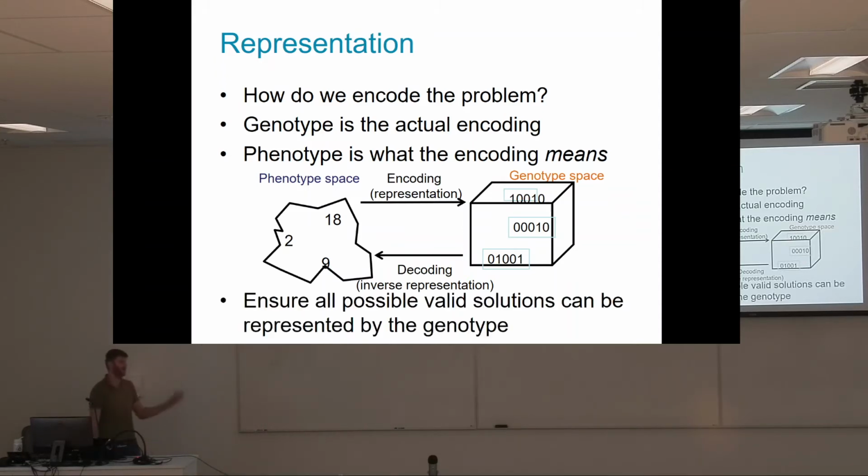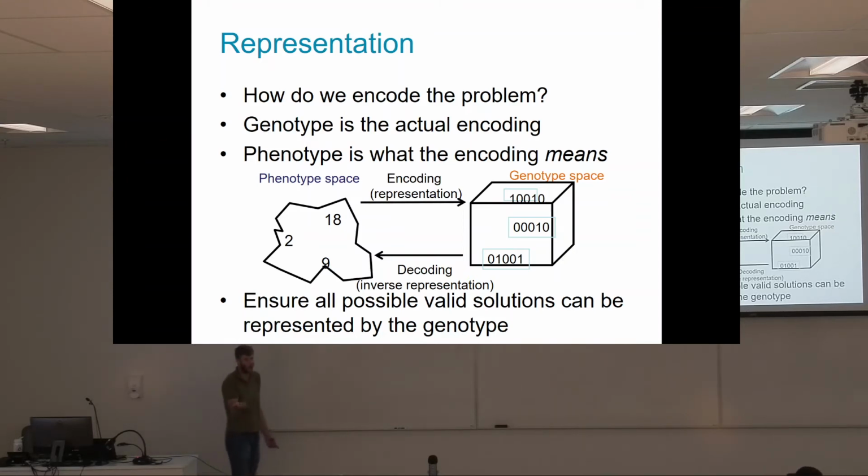And here's a big one. The phenotype space, let's talk about n queens. The phenotype space is all possible configurations of queens on the board, let's say.